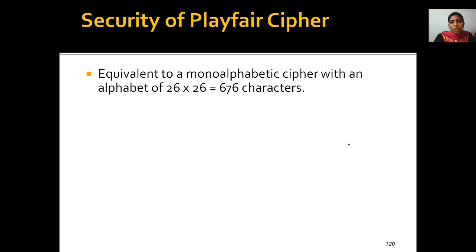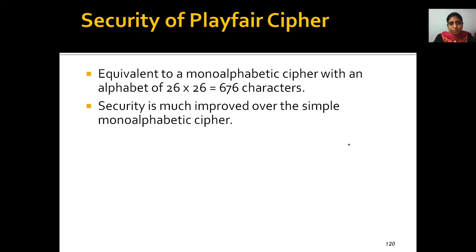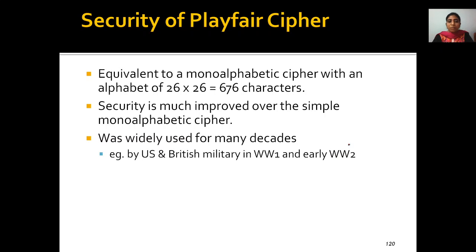The security of the Playfair cipher is equivalent to a monoalphabetic cipher with an alphabet of 26 into 26, which is nothing but 676 characters. Now security is much improved over the simple monoalphabetic cipher and it was widely used for many decades.